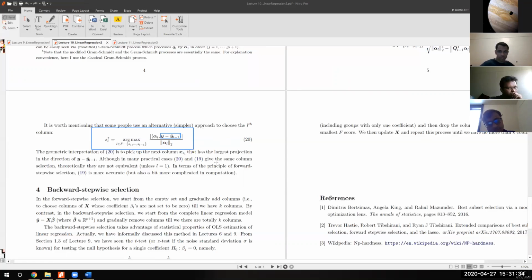That means the projection of this column onto my residue is going to be the maximum. And hence, if I include it, I'm going to reduce it the most. Again, it's heuristic, and divided by this part, the X column itself. Because be careful, here the X column is no longer normalized, and the X column can be very, very large. And I choose this way.